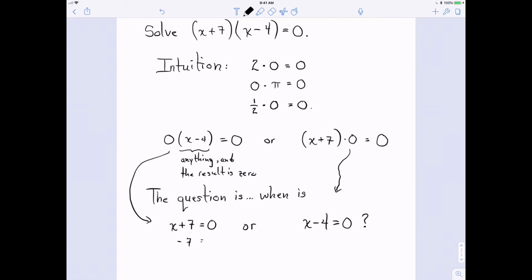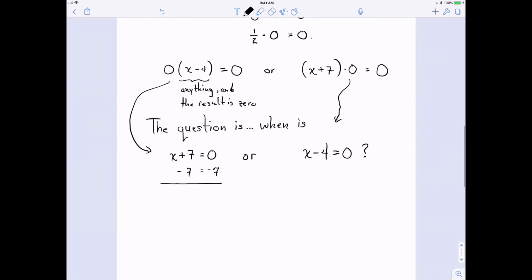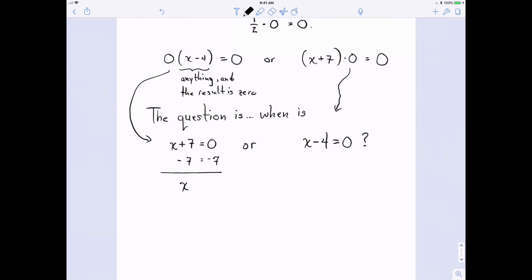We subtract 7 from both sides. We could say here that x is negative 7, or here we'll add 4 to both sides, and we end up with x equals 4. And those are the solutions to our problem. That and that. X equals negative 7 or x equals 4.